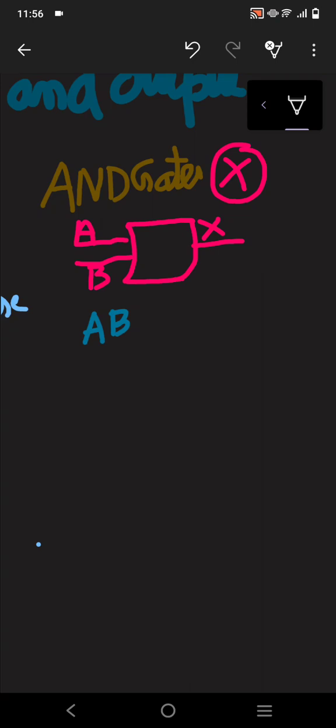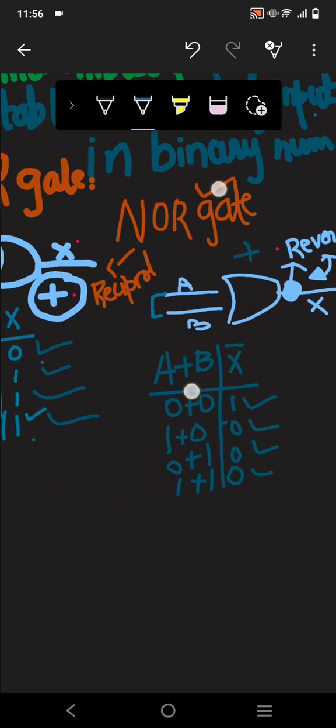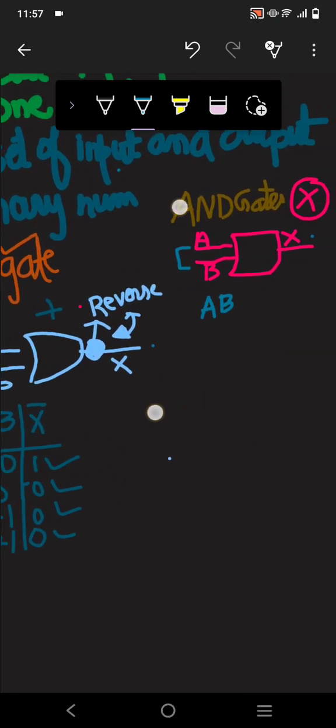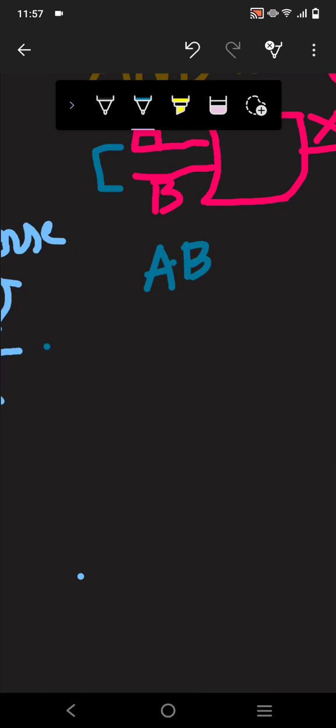As you can see, I have given two inputs and one output is coming. Here also the inputs are 2, one output is coming. That is why we are calling it a logic gate. This is what logic gates are.